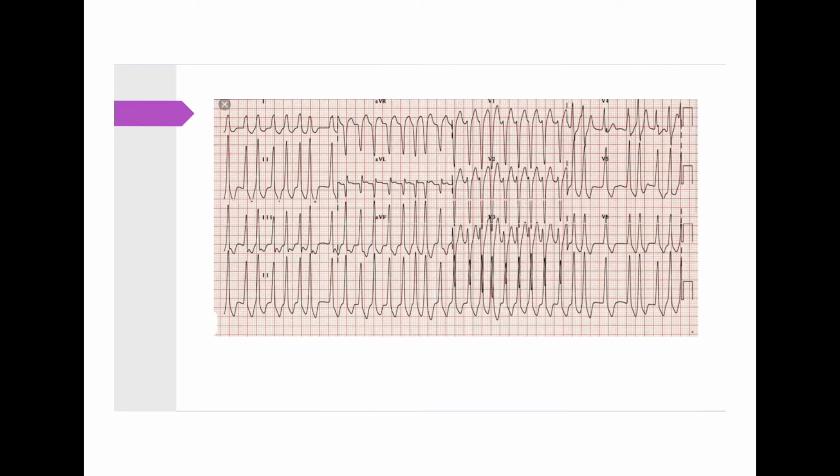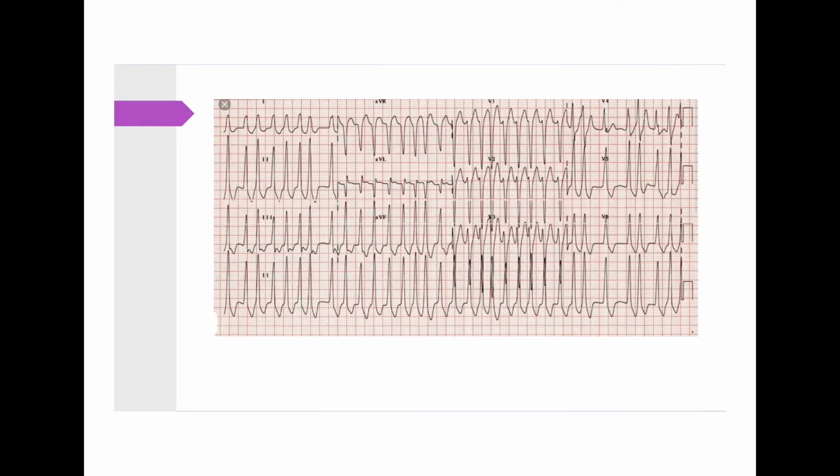Here's a common one that will show up on board exams. So here you see a wide complex tachycardia, but it's irregular. Your first impulse in seeing a wide complex tachycardia is that you might be dealing with a ventricular tachycardia, but ventricular tachycardias are usually pretty regular.